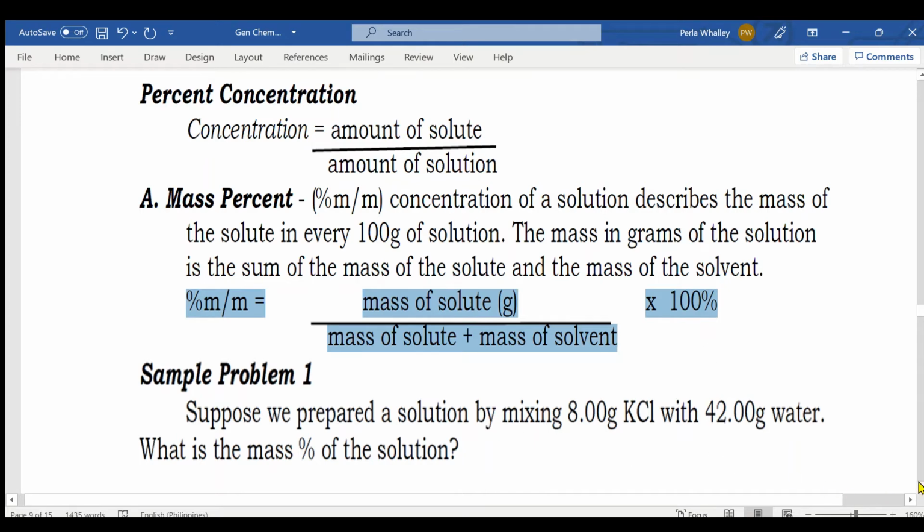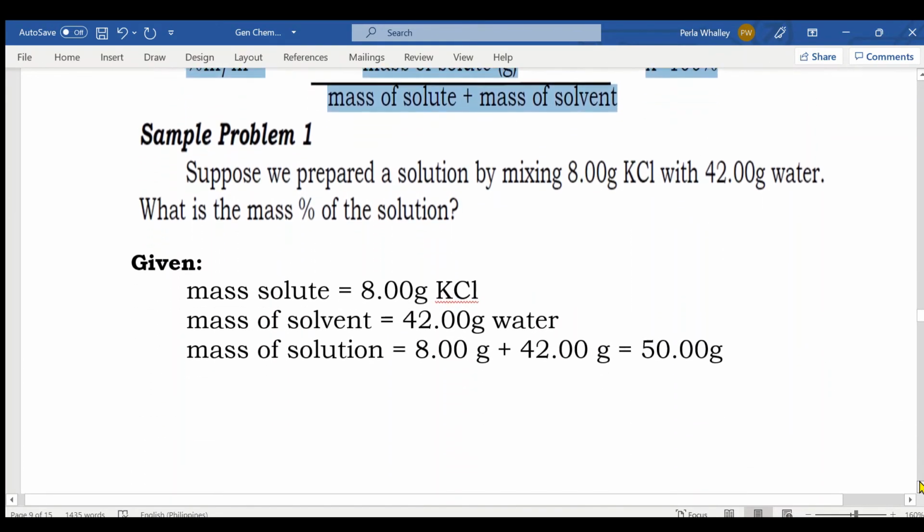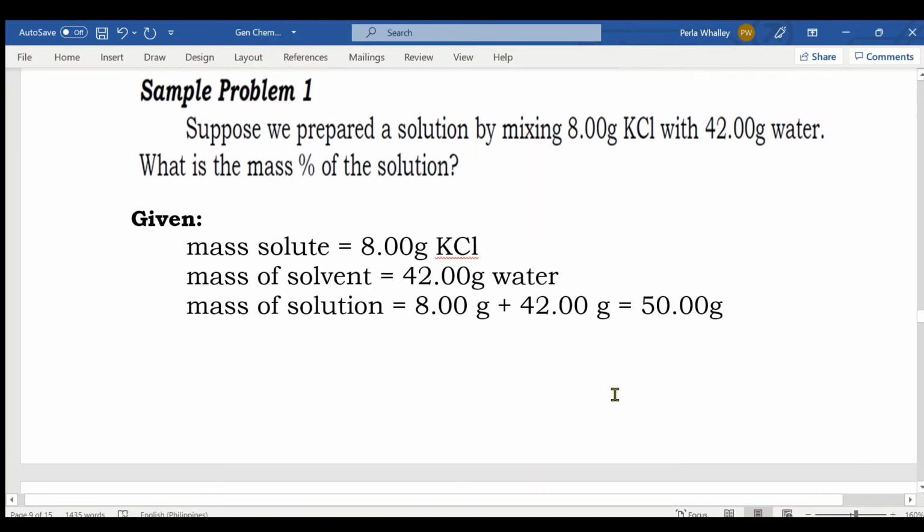Sample problem number 1. Suppose we prepared a solution by mixing 8.00 grams KCl with 42.00 grams water. What is the mass percent of the solution, or percent by mass of the solution?